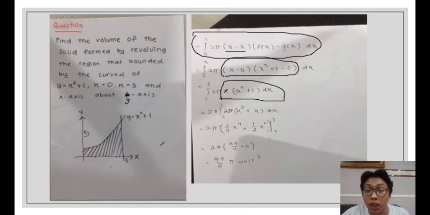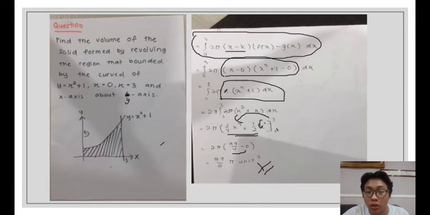From this, we need to integrate the values. After that, we will get this. From this, we need to put the b and a values into x, which is we will get 99 over 4 minus 0, divided by 2 pi, and the answer is 99 over 2 pi units cubed.